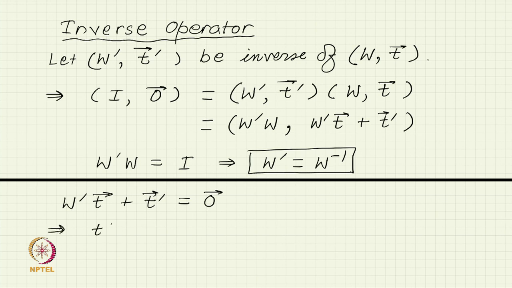This gives you the translation part of the inverse as minus w prime t. And if you use what you have already discovered about w prime, that it is w inverse, you find that it is minus w inverse t.